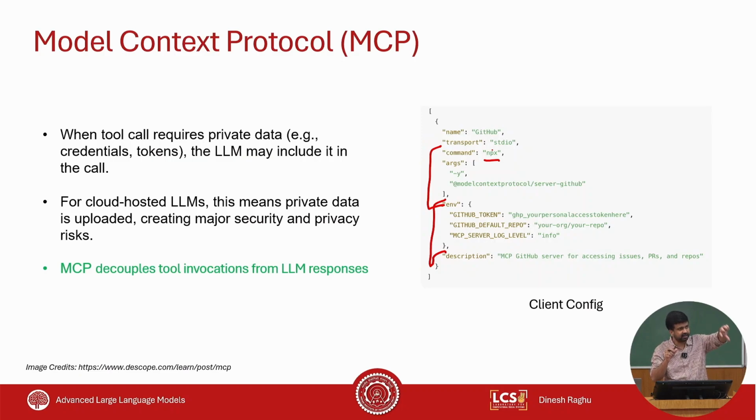Ideally, whatever LLM response comes, you directly execute it somewhere, right? But now you've decoupled it. The LLM gives a subset of the parameters that are necessary, and the MCP client keeps some subset of the parameters that is secure, that has personal information that you don't want to share. So you can do a lot more things with MCP because of this decoupling, and that helps in a lot of these privacy related issues and security related issues.